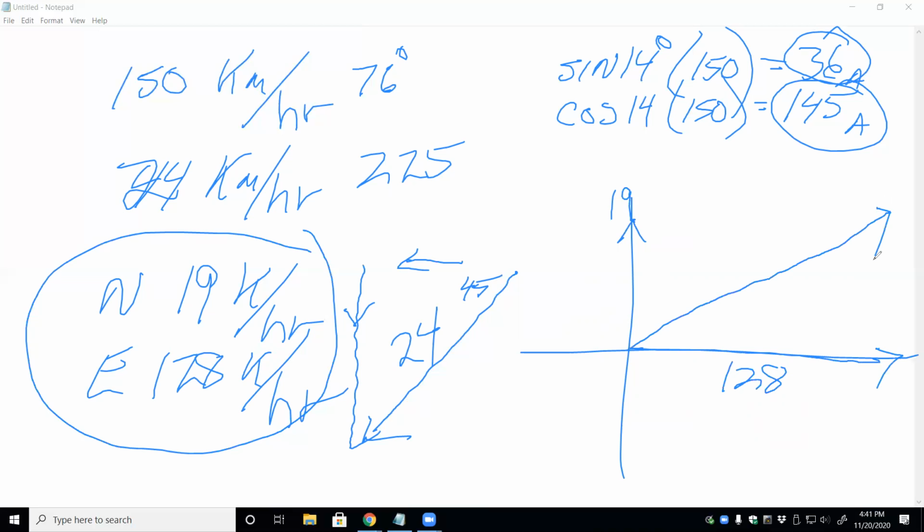Once you get it into a north and an east, I know this is a triangle, so use the Pythagorean theorem to figure out what that is. What do you get? If you square 128, add it to 19 squared, take the square root of everything.